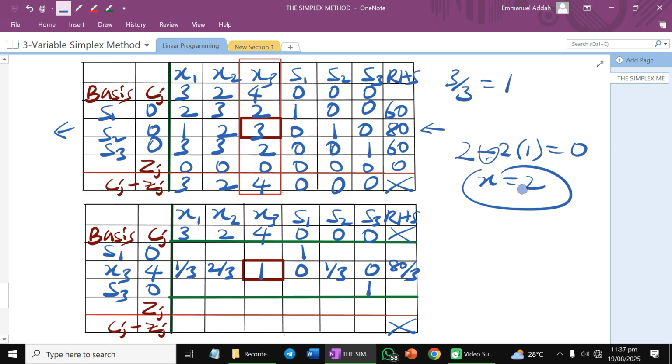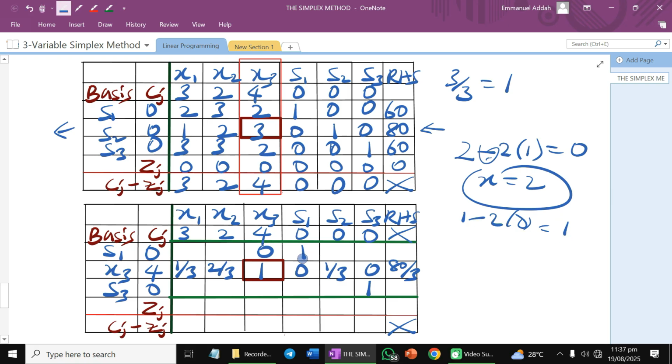So whatever we have is going to be the value here minus the 2, which is the factor, times the value here. That's it. So let's come here. 2 minus 2 times 1 will give us 0. Come here. 1 minus 2 times 0 will give us 1.